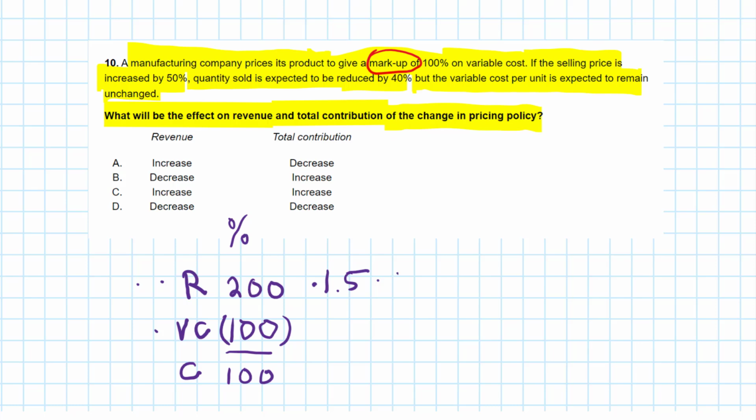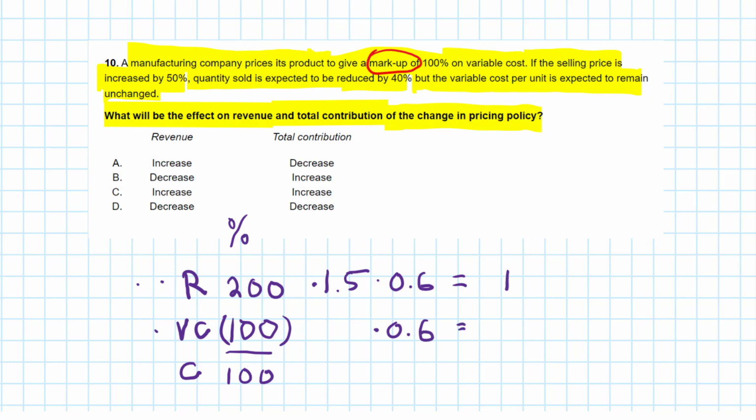So that would be multiplied by 0.6. That gives me something. Now, the variable cost per unit is not going to change. However, the total variable cost will drop by the same amount as the revenue. So we can multiply that by 0.6.